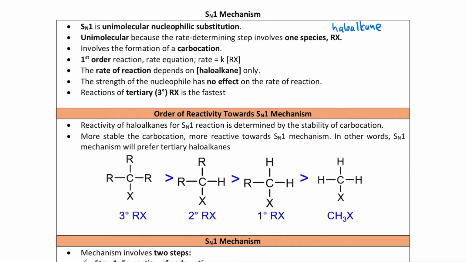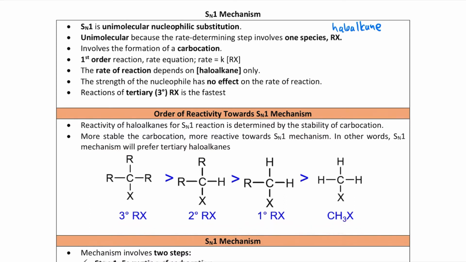That means carbocation tu main peranan lah terhadap reactivity of SN1 ni. So, lagi stable carbocation, lagi reaktif lah haloalkane tu terhadap SN1 reaction. Okay. So, more stable the carbocation, more reactive to SN1 mechanism. In other words, SN1 mechanism will prefer tertiary haloalkane. Okay, so dekat sini kamu boleh tengok reactivity dia decrease this way lah.